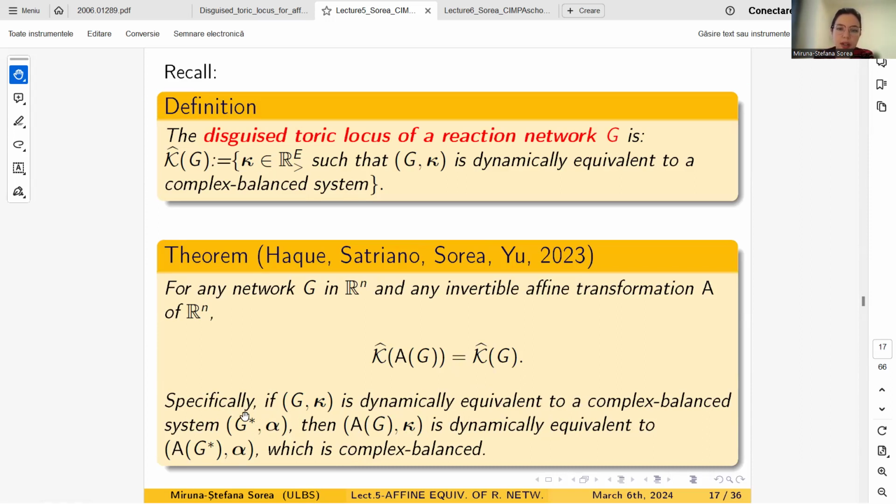And if G star is complex balanced, then its image A of G star, with the same rate constants alpha, is also complex balanced. So here are all the properties we mentioned before: it preserves dynamical equivalence, it preserves complex balancing, and we then obviously see that it preserves the disguised toric locus.